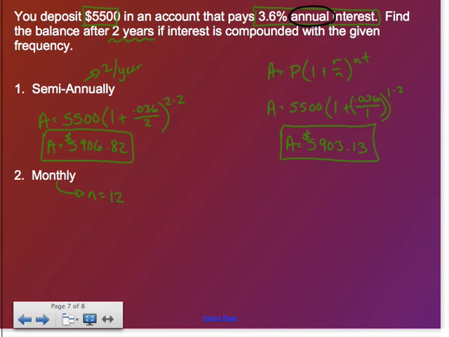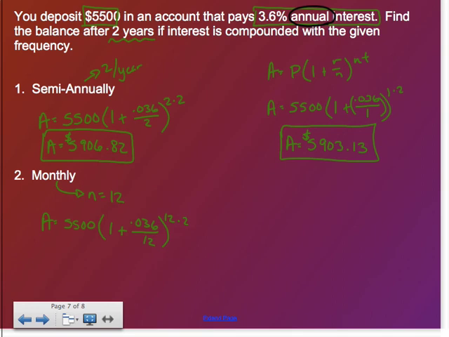So again, let's do it one more time. The amount equals 5,500 times 1 plus, my rate still is 3.6%, so 0.036 as a decimal. But now my n, I'm doing it 12 times a year, so I divide by 12. The n value is still the same, so 12 times the years I'm doing this, I'm doing it for 2 years.